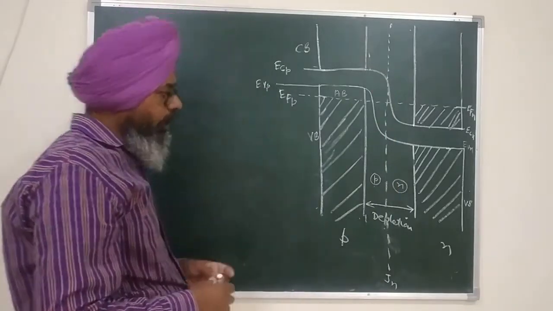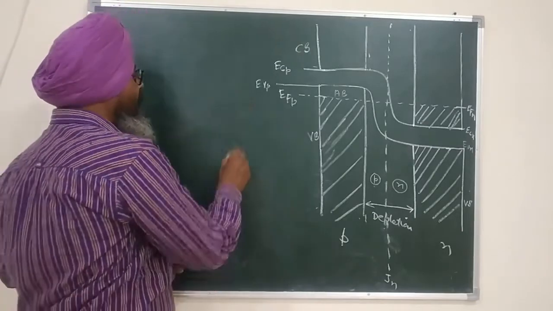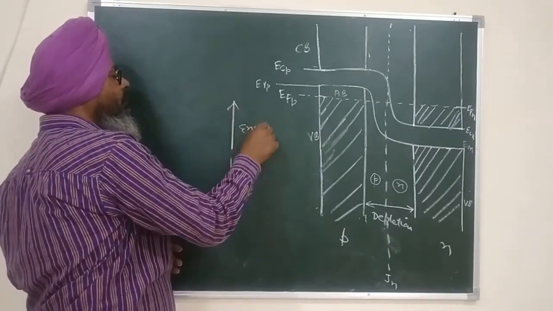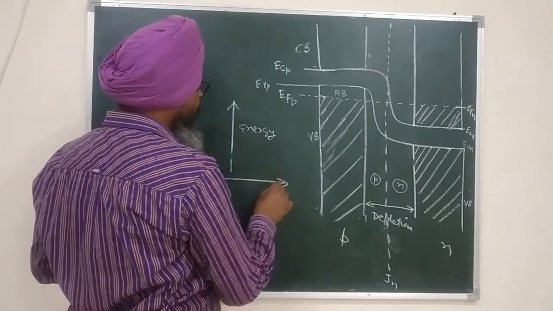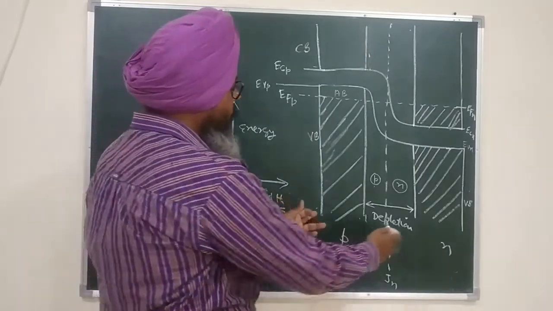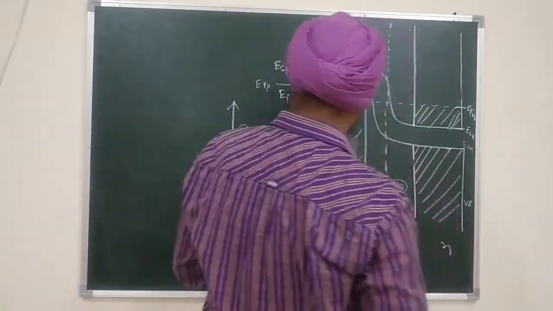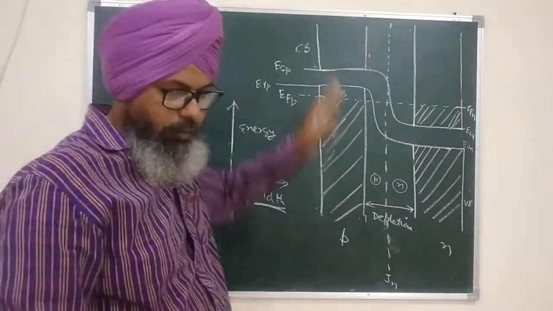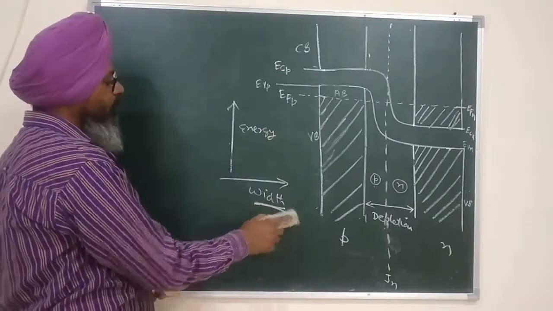So toward the y-axis, in the vertical direction, you have energy, and in the horizontal direction you have width. This much is the width of the P region, this much is the width of the N region. This graph shows the variation of energy with respect to width.